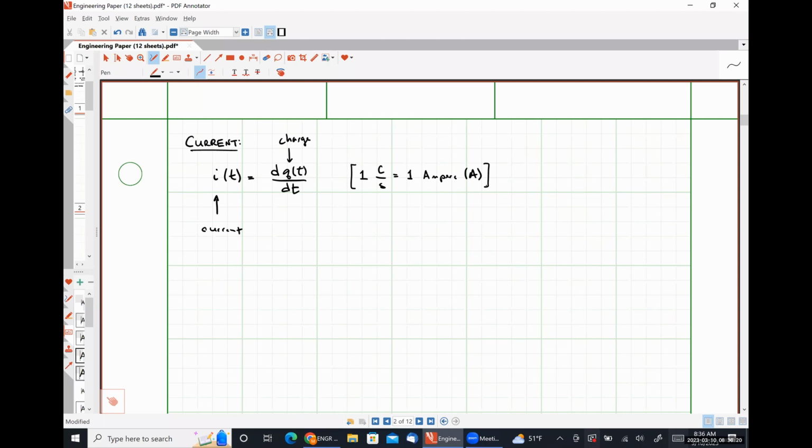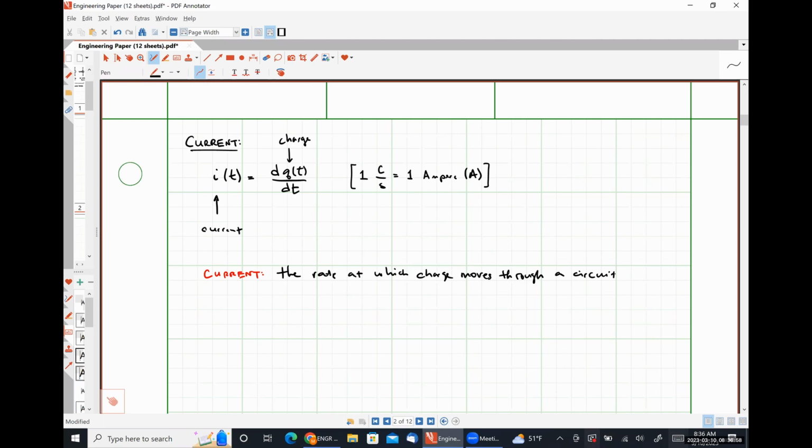So current is nothing more than the rate at which charge moves through a circuit. Some number of coulombs of charge in some amount of time gives us a current, okay?